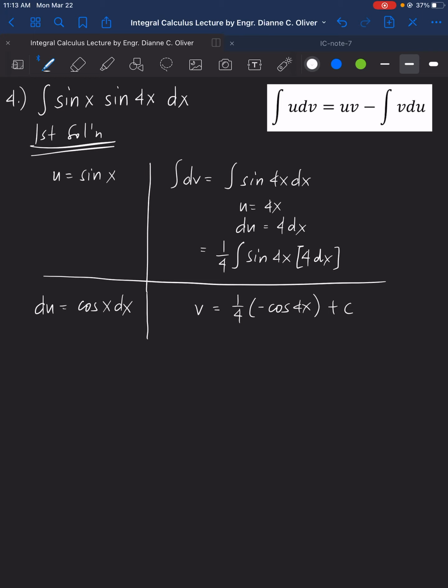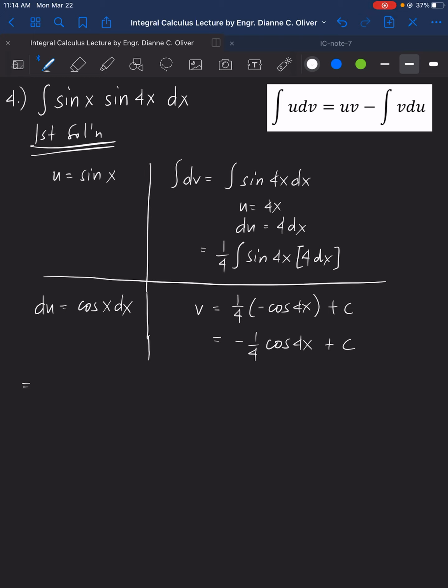And this is one of the mistakes. You cannot cancel the angle here, the 4, since you were seeing 4, you cannot cancel that because the 4x here is the angle for cosine. So you cannot just cancel it like that. No. So v is equal to negative 1/4 cosine 4x. I saw that happen, canceling this here, just because they're both 4. No. It's wrong. Okay?